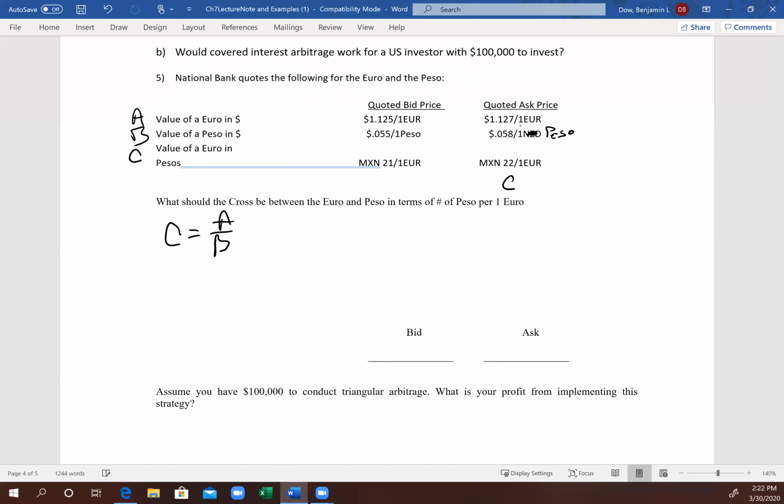Now, if we consider this C plus and this C minus, in order to get C plus, or the largest C, it's again A plus divided by B minus. So we would take 1.127 divided by 0.055, and that would give us dollars per euro, divided by the number of dollars per peso, which we can see will then bring the euro down and flip the peso up.